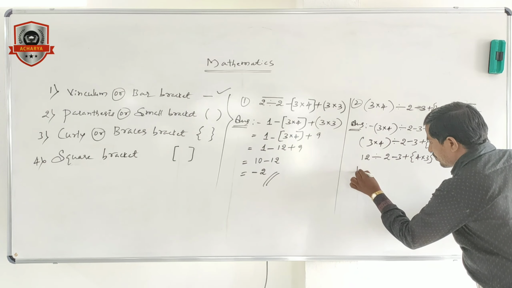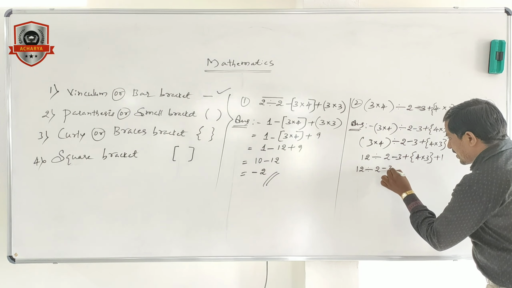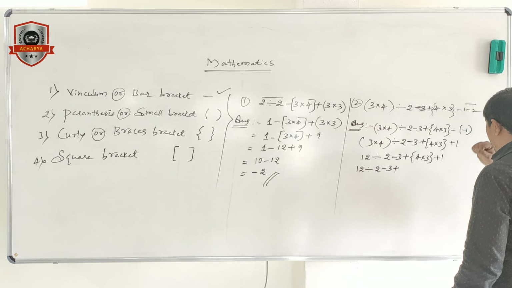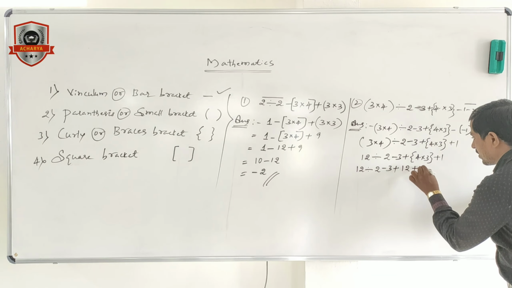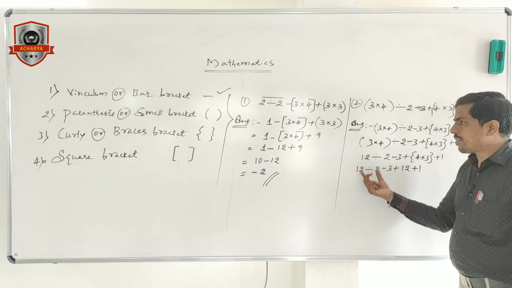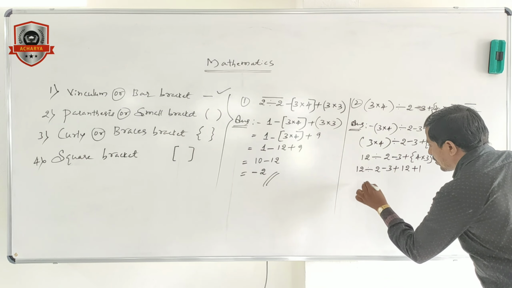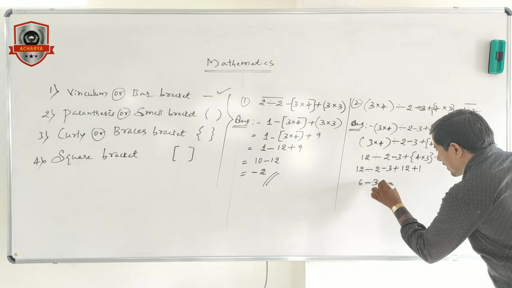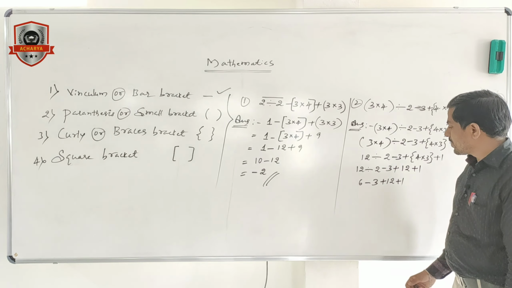Braces. So before that write as it is: 12 divided by 2 minus 3 plus 3 fours are 12 plus 1 as it is. Now all the brackets are used, then 12 by 2, 2 sixes are 12, minus 3 as it is, plus 12 plus 1 as it is.